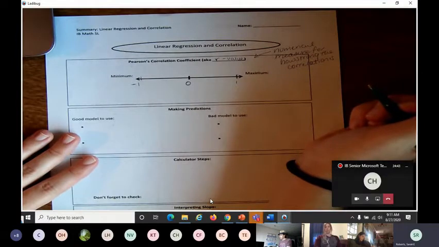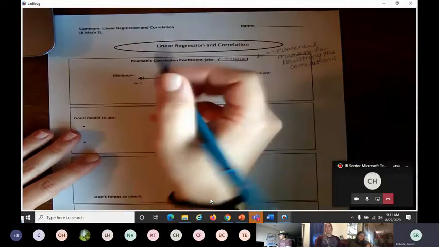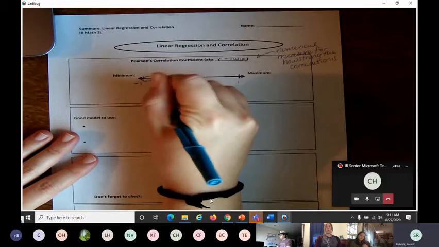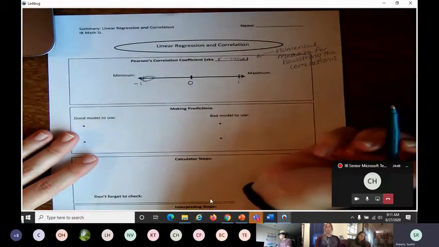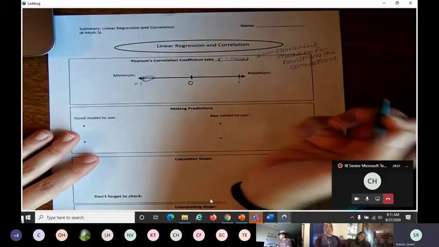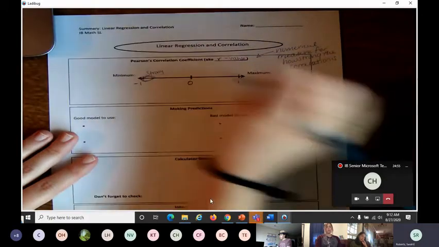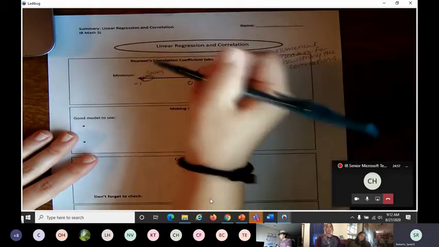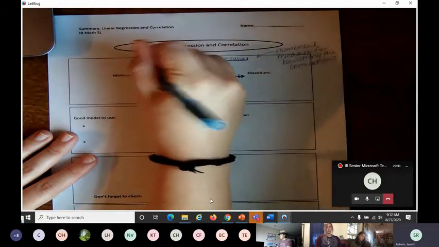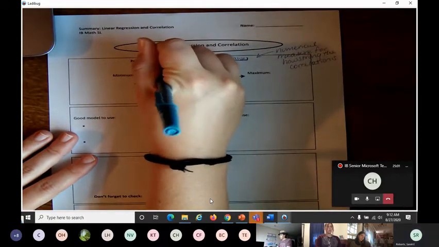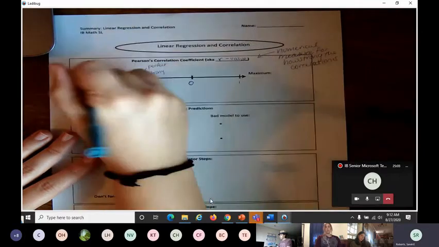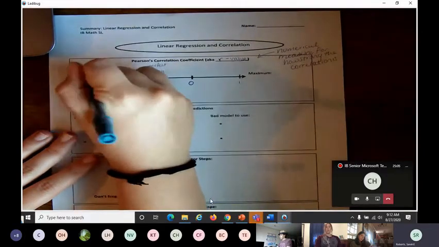Now, if you have a value that's close to -1, this means that you're going to have a strong correlation. If you have it exactly at 1, it's going to be perfect. And a -1 means you're going to have a negative correlation.